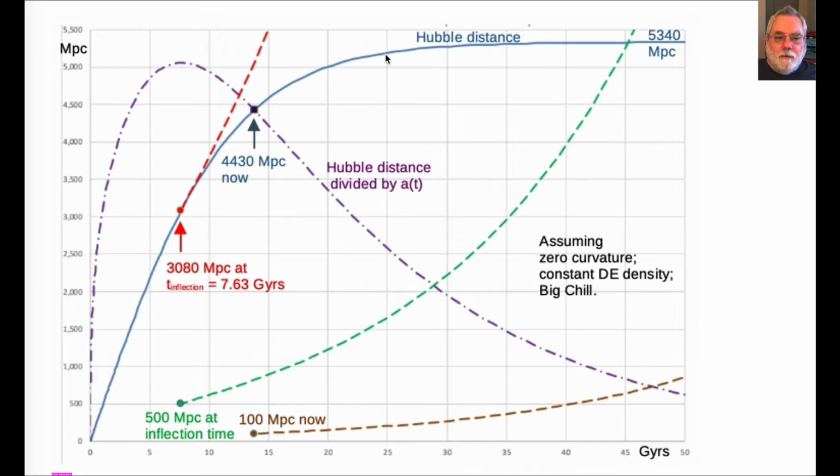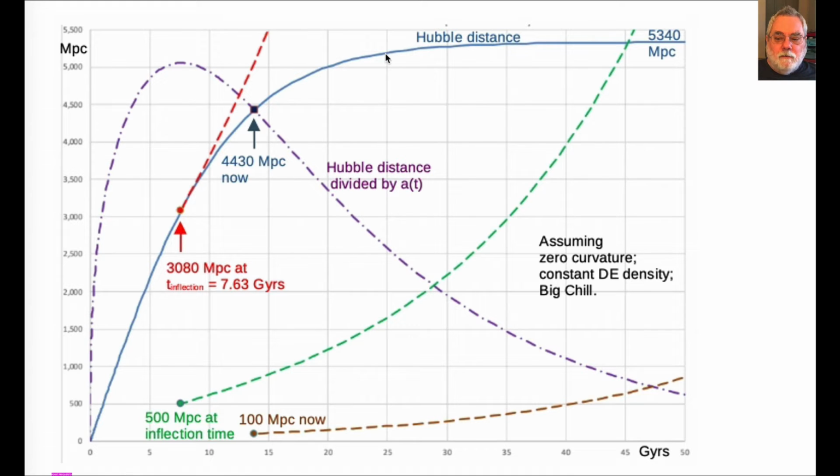At any given time, the Hubble distance for that time is the proper distance from our location at which a very distant galaxy would be receding from us due to the expansion of the universe at exactly the speed of light at that time.